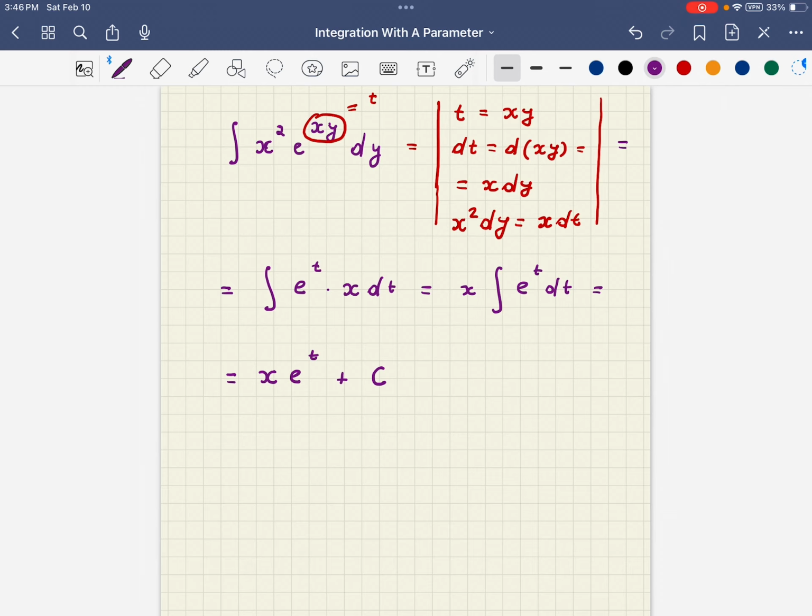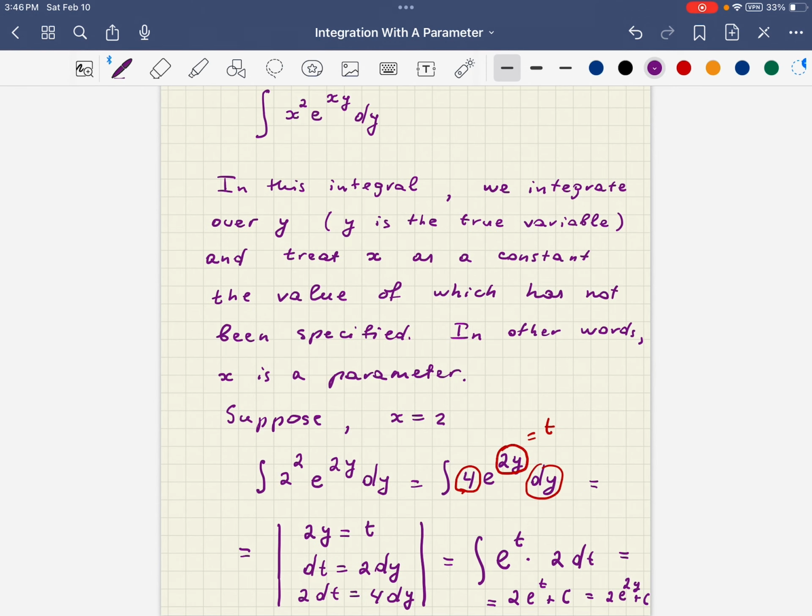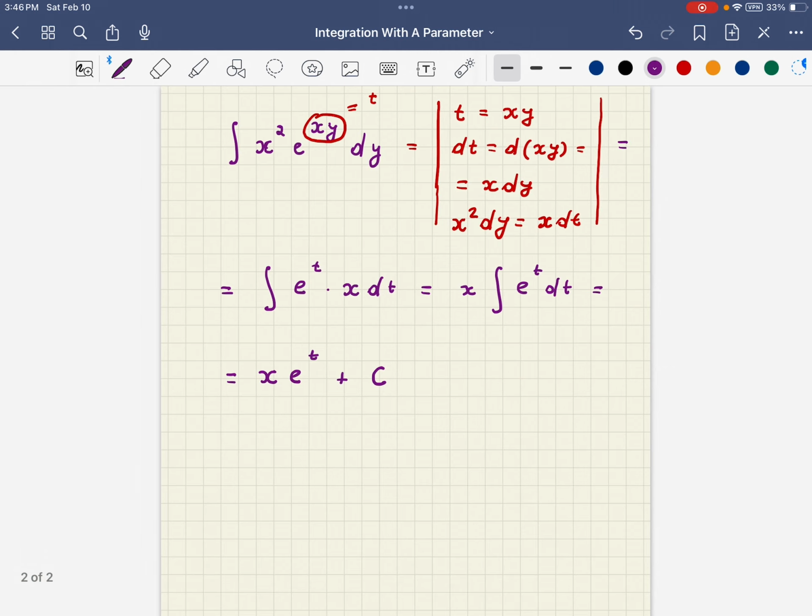Now here, a slight subtle point is that in the previous example, we could finish and write that our antiderivative, our integral, is 2e to the power 2y plus a constant c, and just that. But here, when we add a constant c, one subtle fact that we should keep in mind is now that this constant c may be different for different values of x.